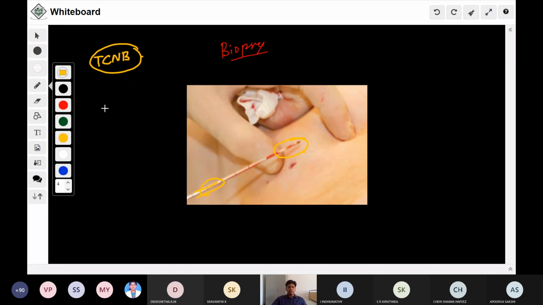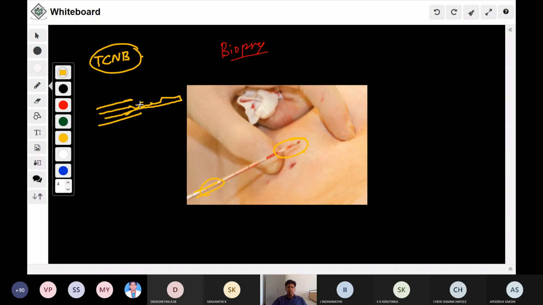It has two sheaths, an outer sheath and an inner sheath. In the inner sheath there is a small trench with a sharp end. You insert the needle along with the inner and outer sheath together. Once you insert it into the tumor, withdraw the outer sheath so that this part comes into the tumor, and again you close it.